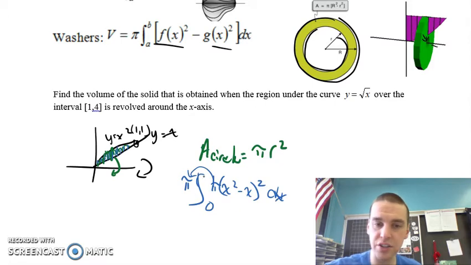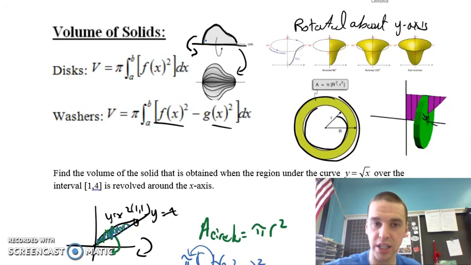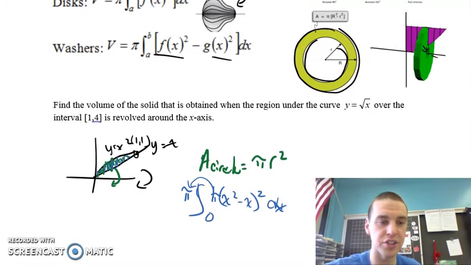So you have the integral from 0 to 1 of pi r squared, the radius being the top curve minus the bottom curve. If there's only a top curve bounded by the x-axis, then it's just that function squared. This is pi times the radius, being that function, from a to b. So, just so you understand that.